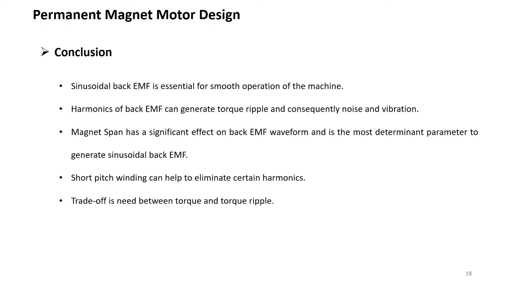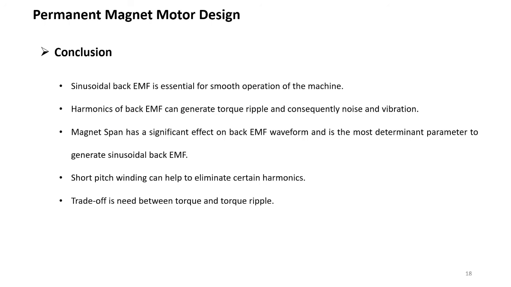So if you design a PMSM, Permanent Magnet Synchronous Motor, make sure that you choose the magnet span properly to get what you want. Another thing is that short pitch winding can help in this way to eliminate certain harmonics.